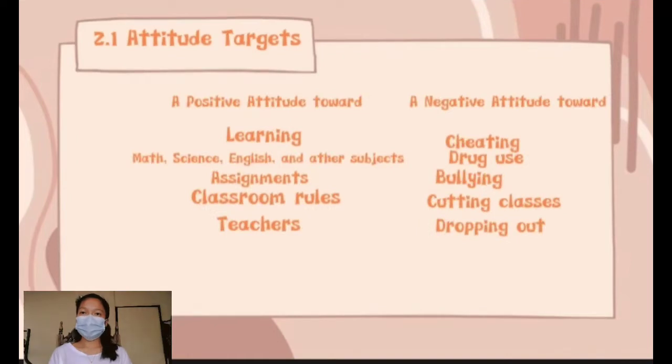Some of these attitudes are listed below. A positive attitude toward learning, math, science, English, and other subjects, assignments, classroom rules, and teachers. A negative attitude towards cheating, drug use, bullying, cutting classes, and dropping out.